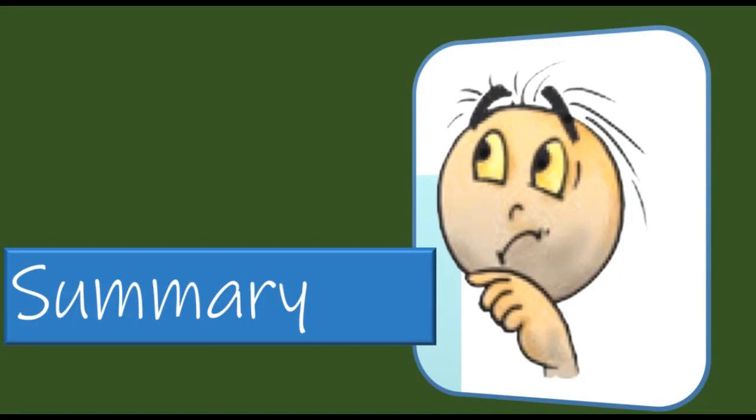Well, now it's time to revise and summarize. In this unit we have learned what is irrigation, one of the steps towards crop production and management. Now what is irrigation?